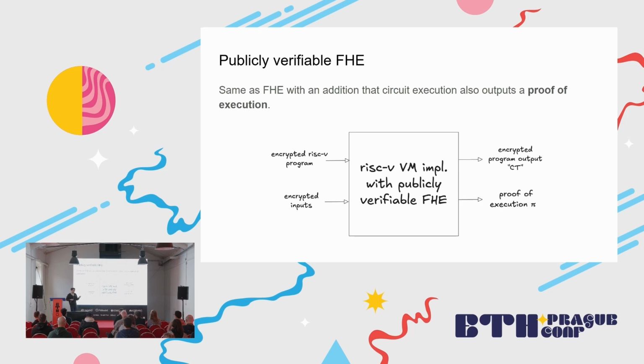One instance could be that we implement the entire RISC-V VM that we implement at the moment using normal FHE, using publicly verifiable FHE instead. The virtual machine outputs the encrypted output, which is what we need. In addition, it outputs a proof of execution, claiming that I executed the program correctly, so you do not have to trust the machine. You can verify it yourself.